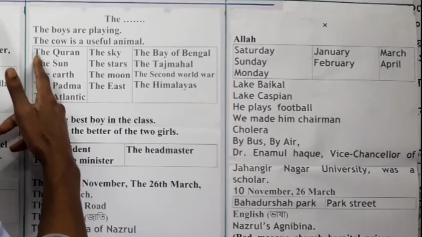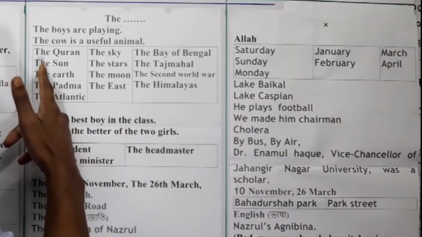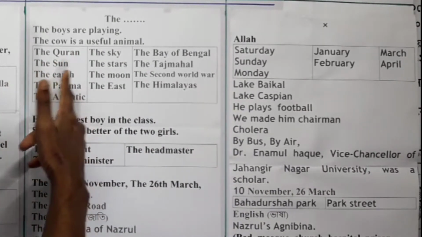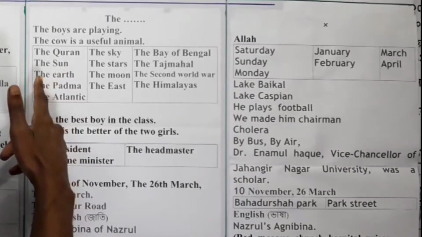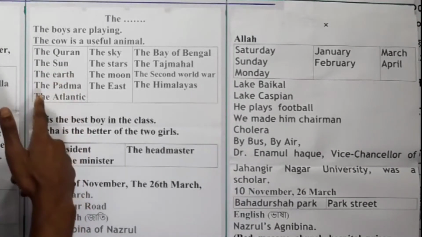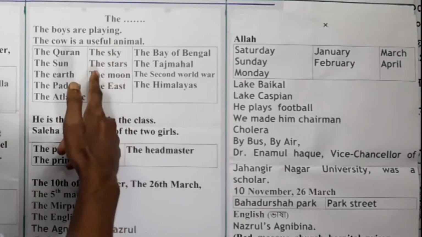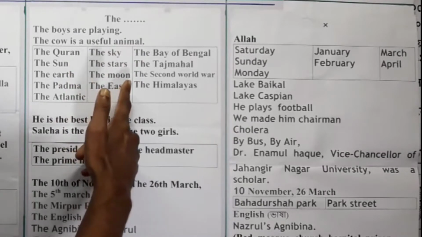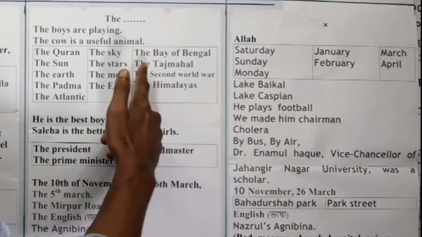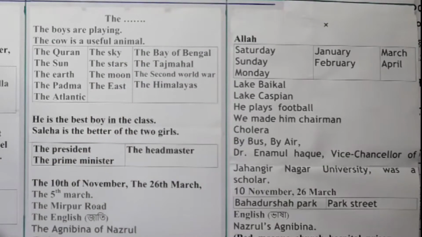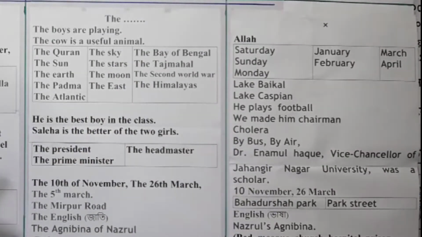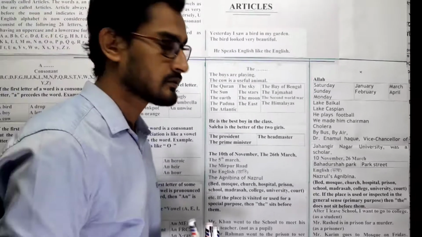Example: the Quran, the sun, the earth, the Padma, the Atlantic, the sky, the stars, the moon, the east, the Bay of Bengal, the Taj Mahal, the Second World War, the Himalayas.